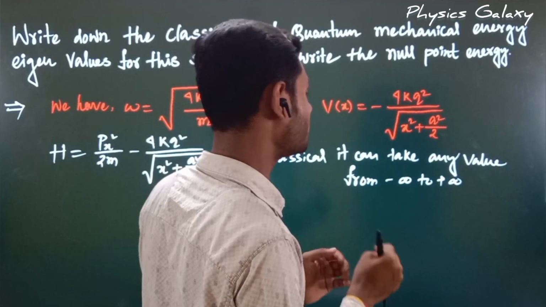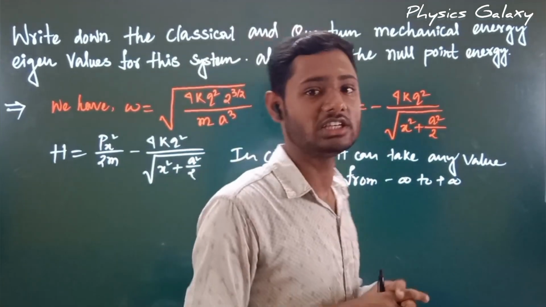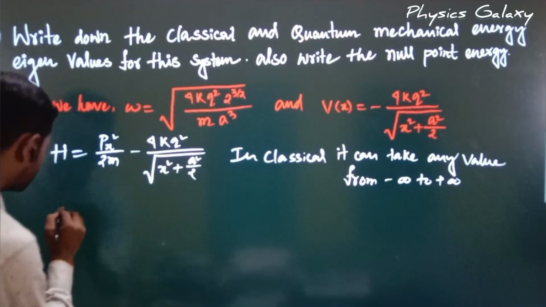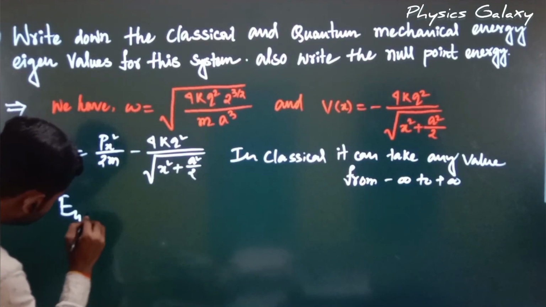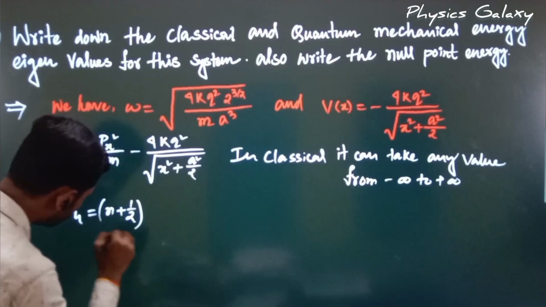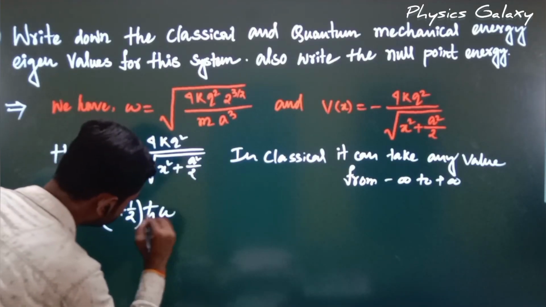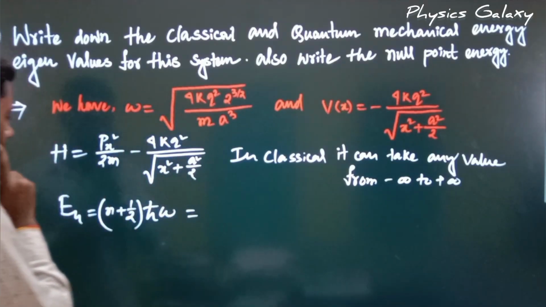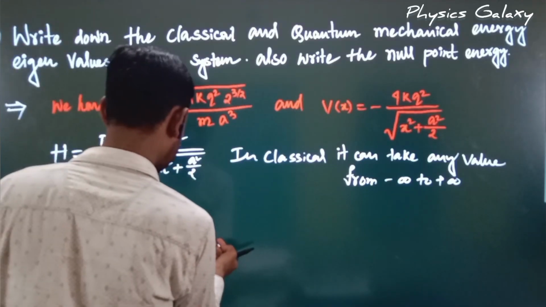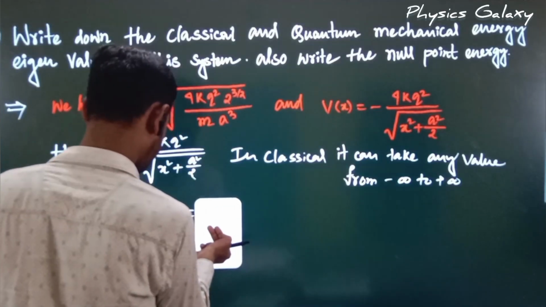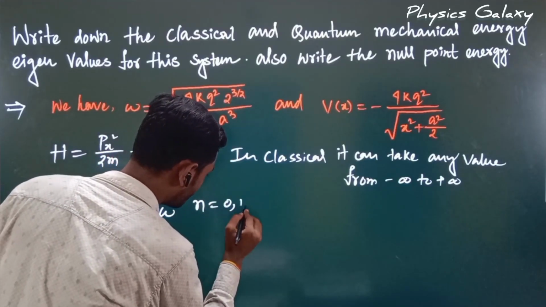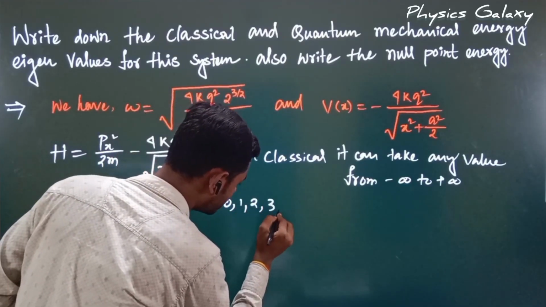For that one-dimensional quantum harmonic oscillator, we know the result of the energy eigenvalue: En is equal to (n plus half) h cut omega, for n is equal to 0, 1, 2, 3 and so on.